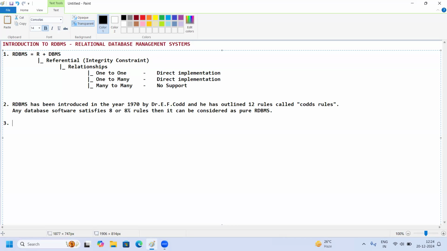Like I just said referential integrity constraint is for relationships, but I haven't demonstrated how to create relationships between tables. Here I spoke about Codd's rules, but I didn't discuss even a single Codd rule, not at this stage at least, because to understand Codd's rules, you should have complete knowledge of database and RDBMS. Then it will be easy for you to compare and learn those 12 Codd's rules.